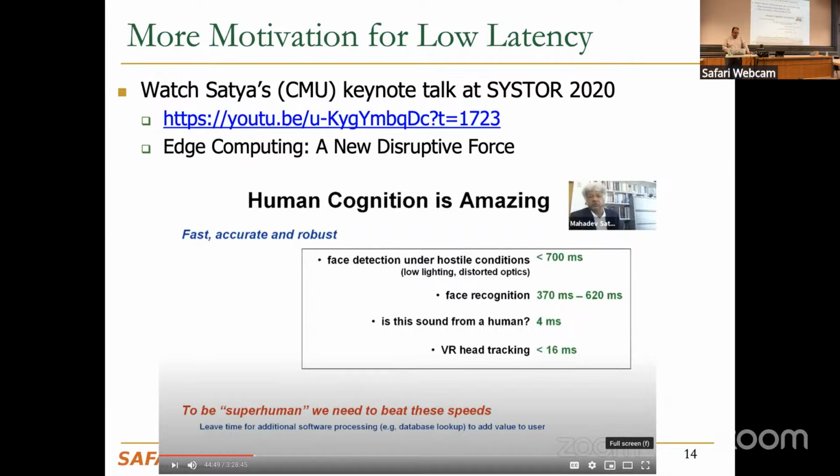And this talk also argues that to be superhuman, essentially, a computer system can do even better than a human. With VR, you can think of it in a way that you can enable people to see something that other people can also do.